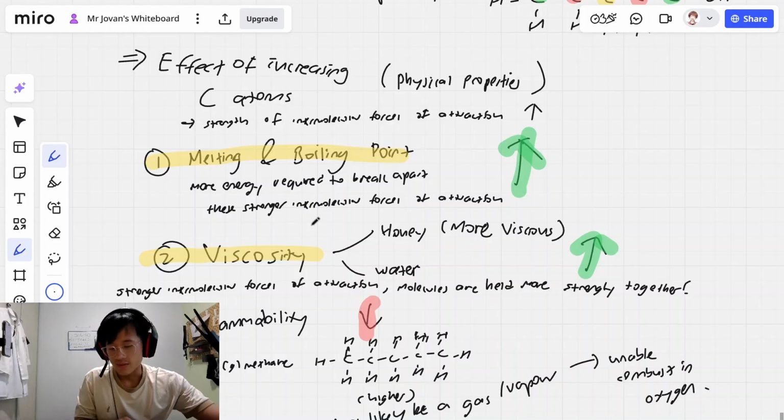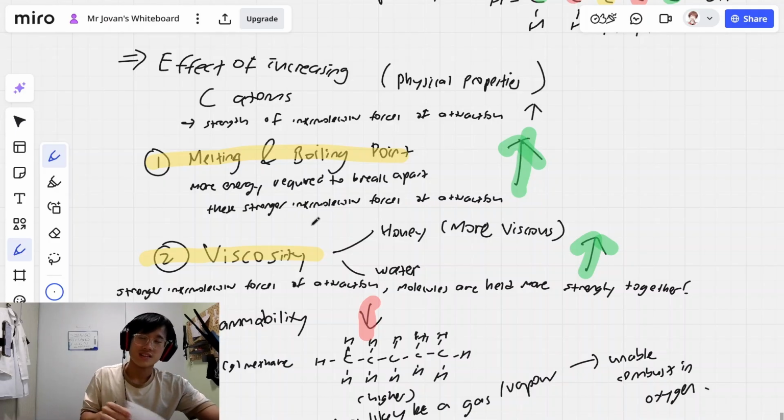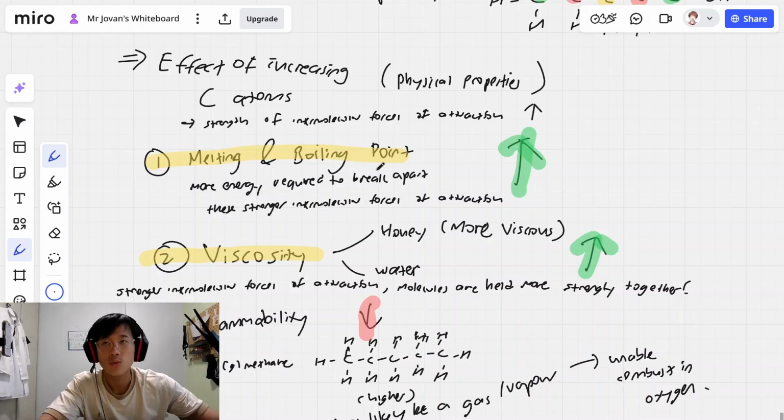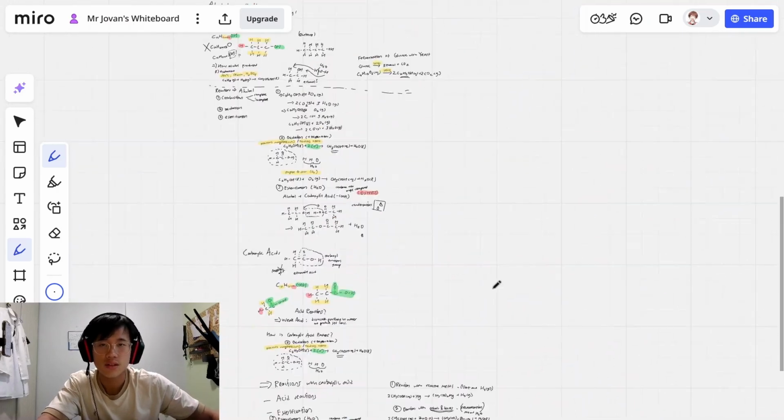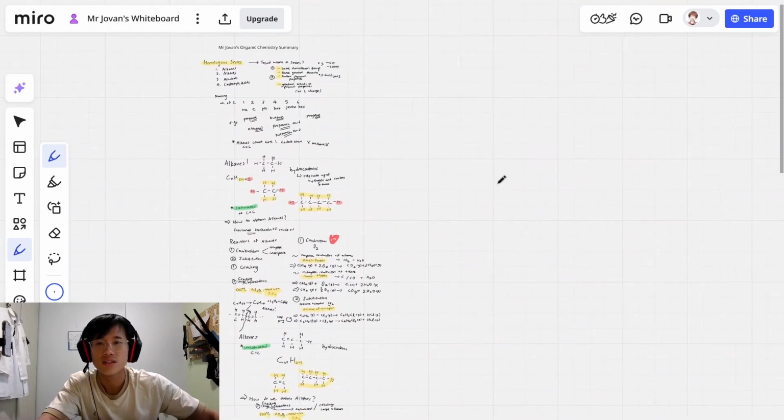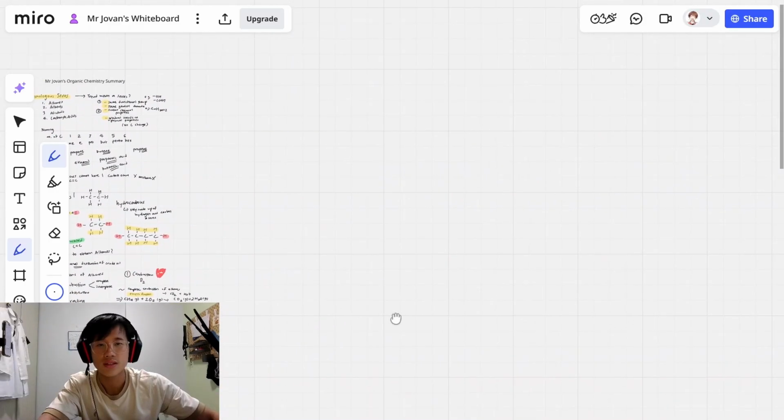Like I mentioned, I am going to do a mind map connecting all the reactions together. Yippee! This is going to take some time, so bear with me. Let's see what we learned. Wow, we learned so much today. Very good, guys. I'm going to do the mind map over here.